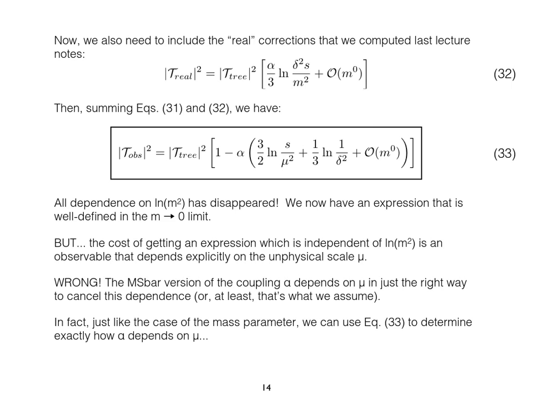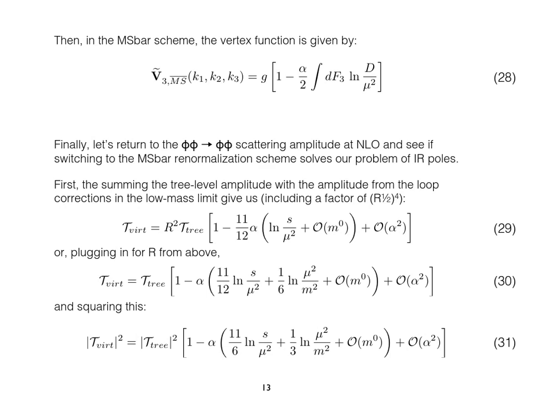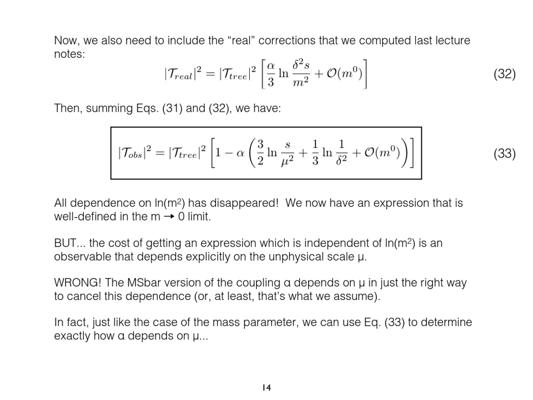We don't have to do anything to the real piece. That didn't involve any normalization. So we can just write down what we had there, and we can add the two. And what happens is we get exactly the same mass dependence. Here's the mass dependence we had from the virtual pieces, and there's what we got for the real piece.